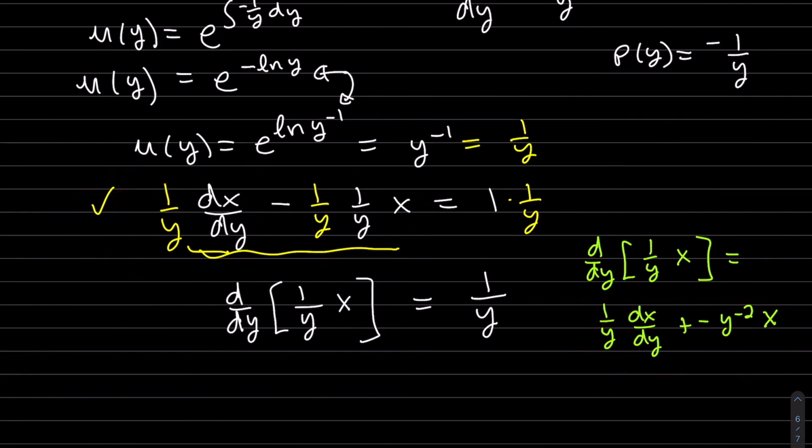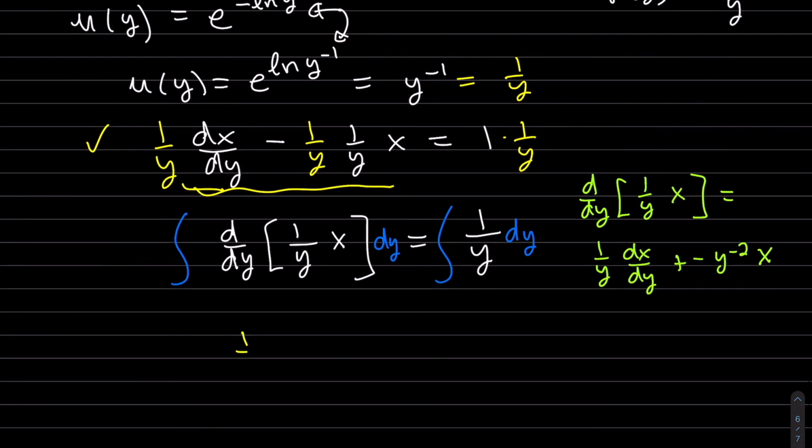So now we can finish this problem by integrating both sides, but again, it's in terms of y. So we can see that this integral and the derivative will cancel, and we will get what's inside there, 1 over y x.